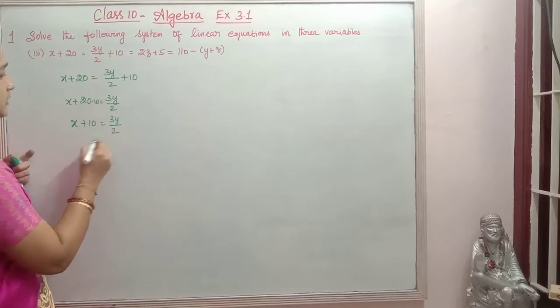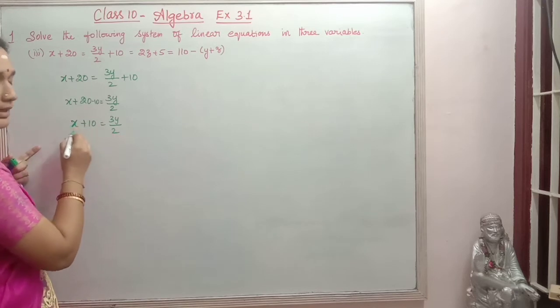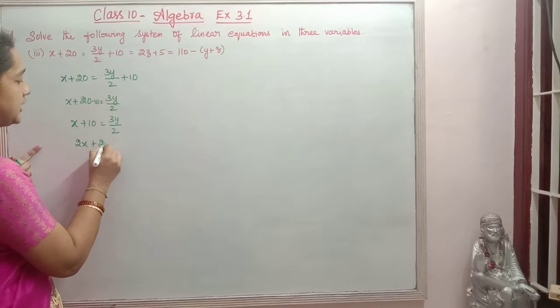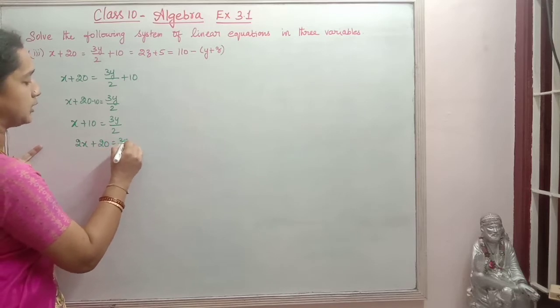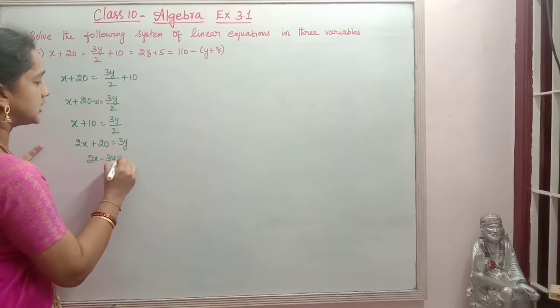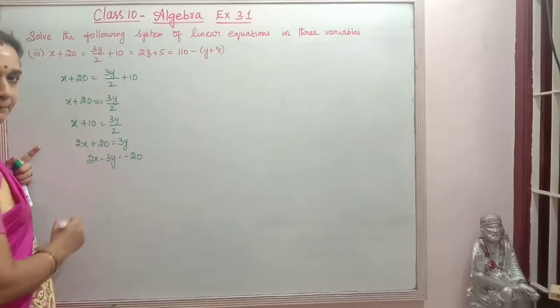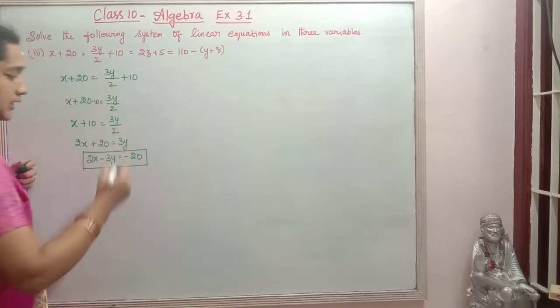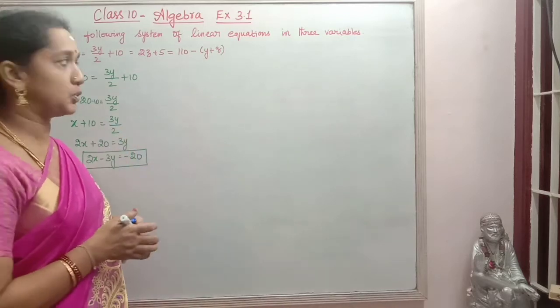Further, if I bring this 2 to that side, when I cross multiply, 2x plus 20 is equal to 3y. So 2x minus 3y is equal to minus 20. So I got an equation with x and y.